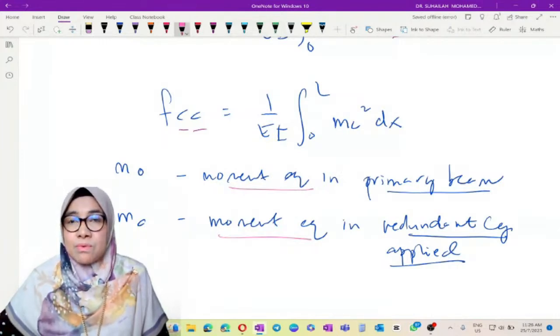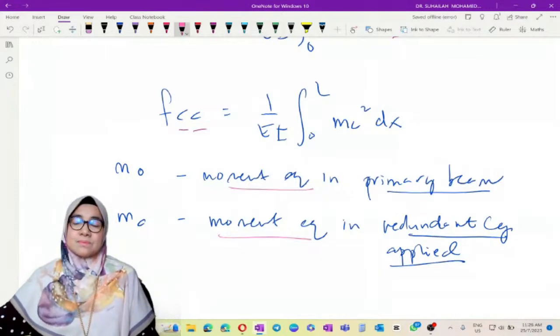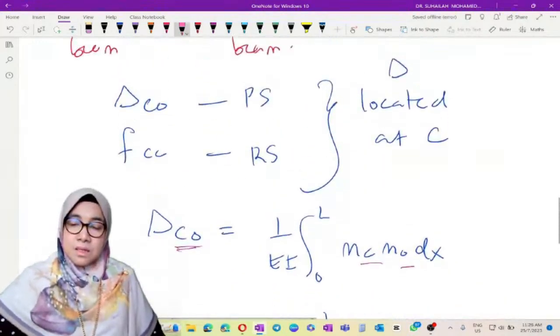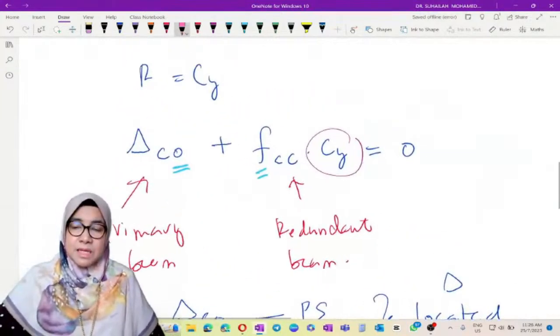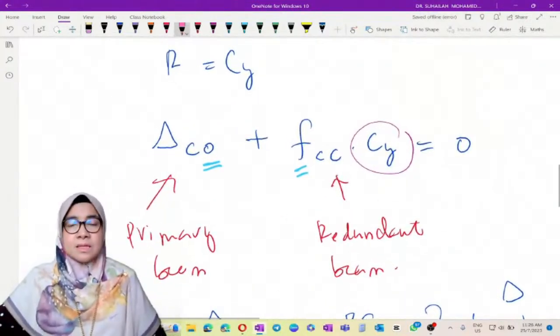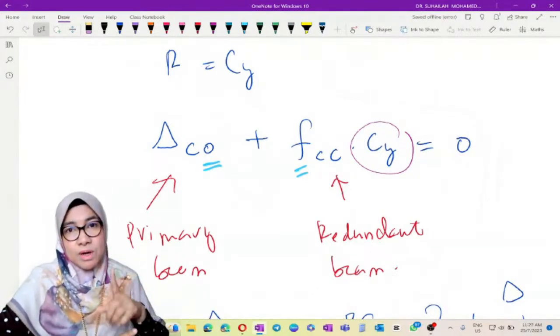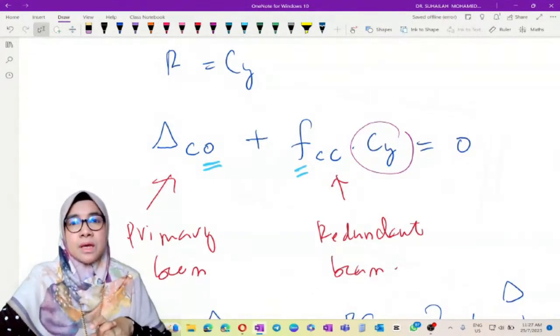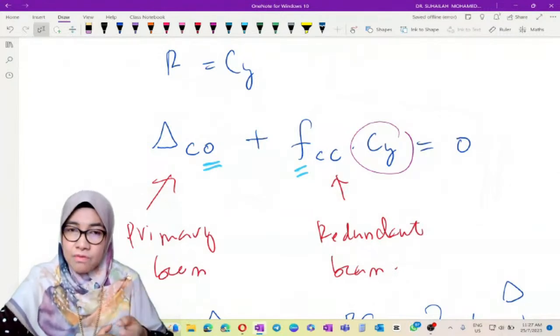So we have to write the moment equation for each of these beams. This is actually the flexibility method. So we have to choose one possibility only. We can choose CY as the redundant and solve, or we can choose MA as the redundant and solve.